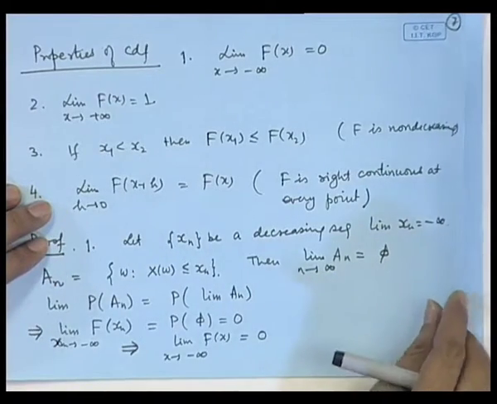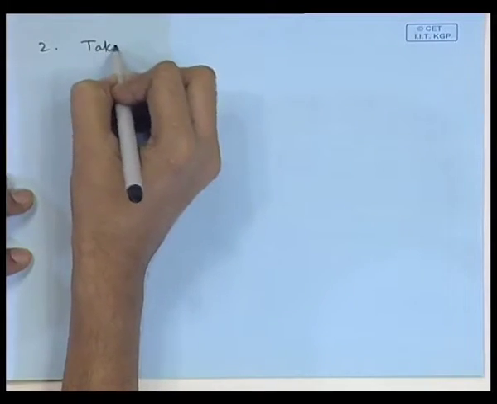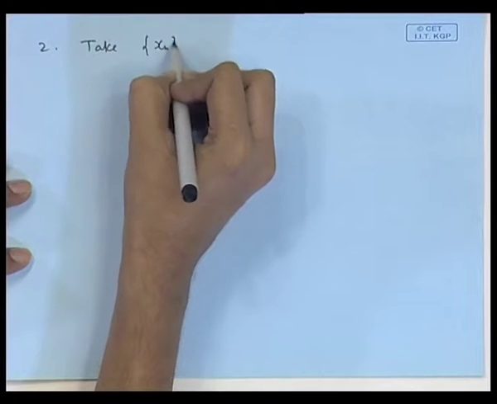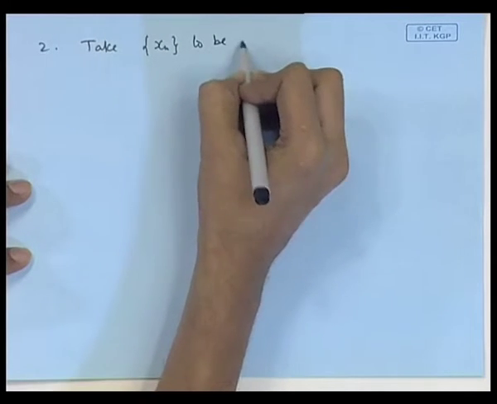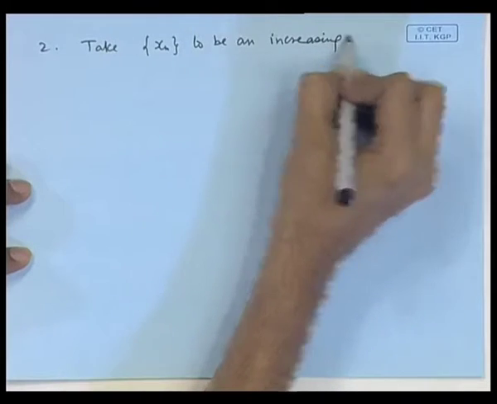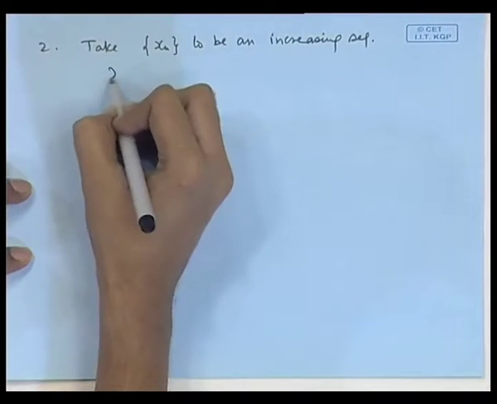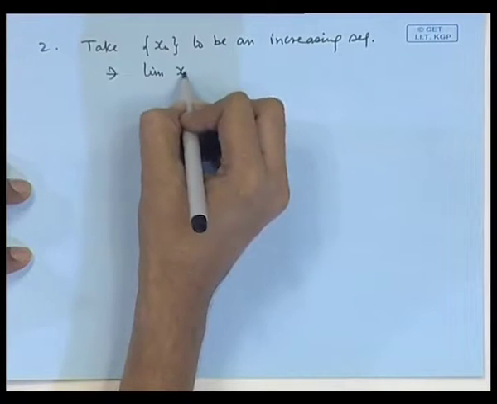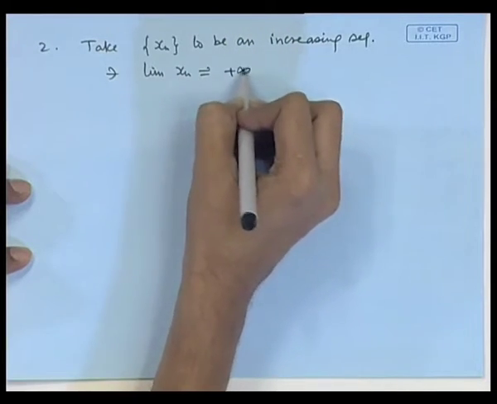In a similar way, we can consider a sequence which is increasing to plus infinity. Take x_n to be an increasing sequence such that limit of x_n is equal to plus infinity.